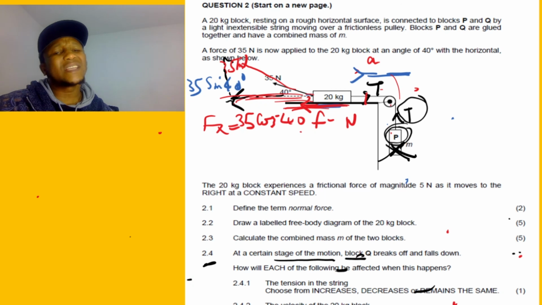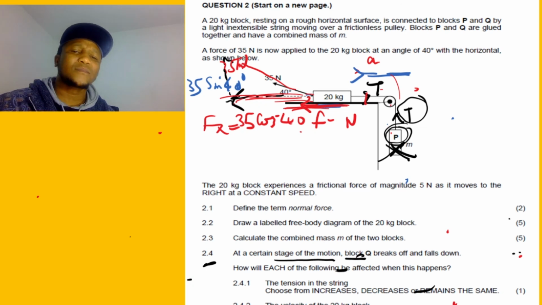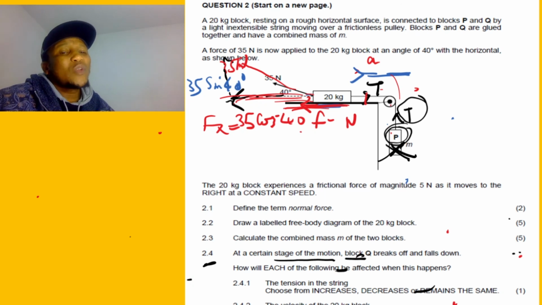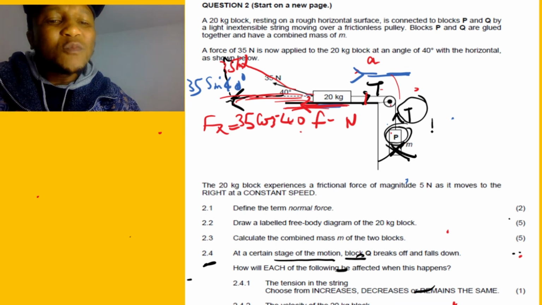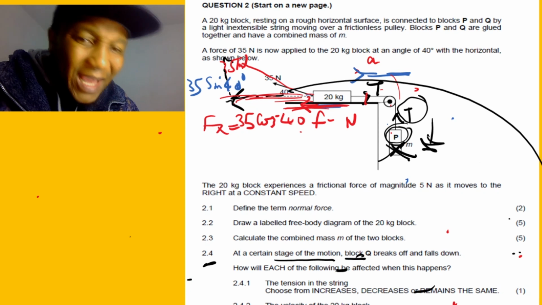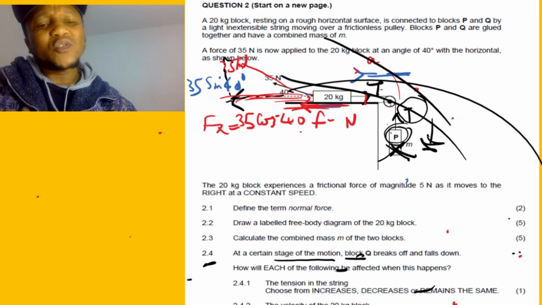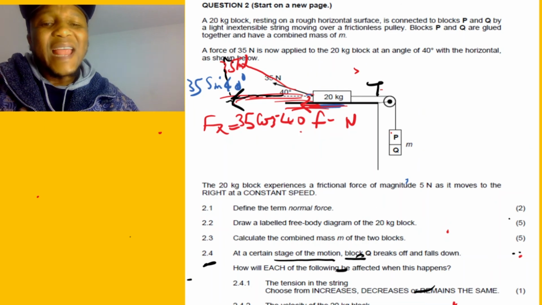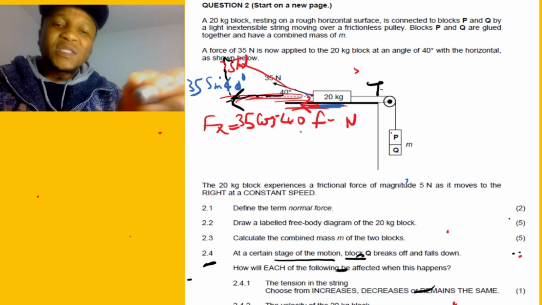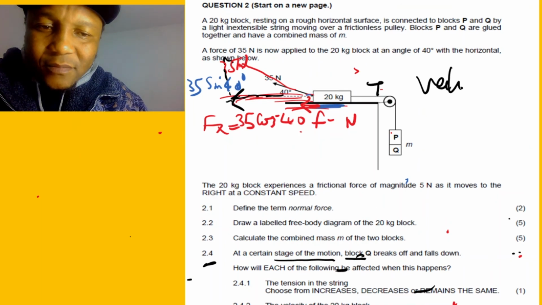No, the velocity is going to decrease, people, because it's not going to accelerate like before. The weight here is going to be too small to pull this quicker. It cannot handle it. So the velocity will decrease.